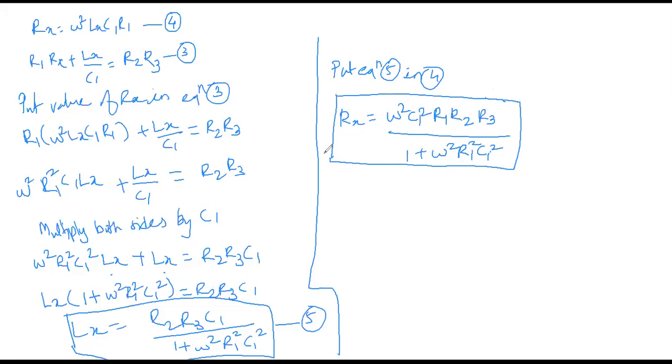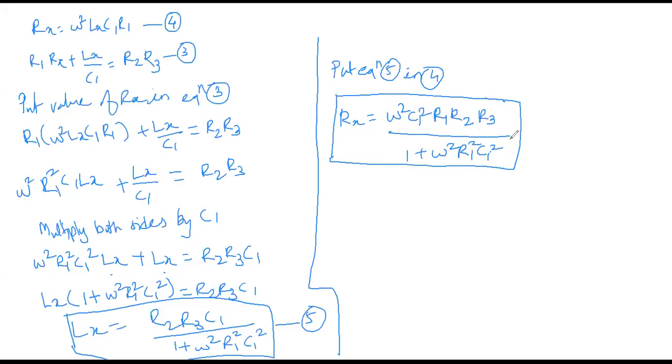So here we get the final equation for Rx. Why is the earlier equation not the final equation? Because it includes Lx, and Lx is unknown to us. Rx should be such that we can calculate it with the help of a standard resistor and standard capacitor.